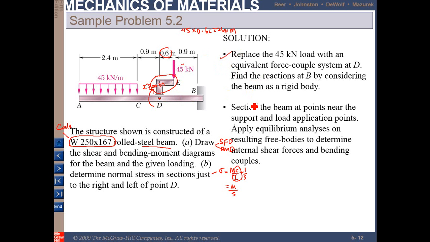Okay, and then when you want to draw the SFD and also the BMD, you have to cut or section the beam from point to point near the support.